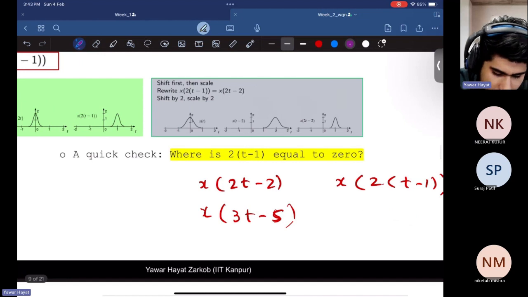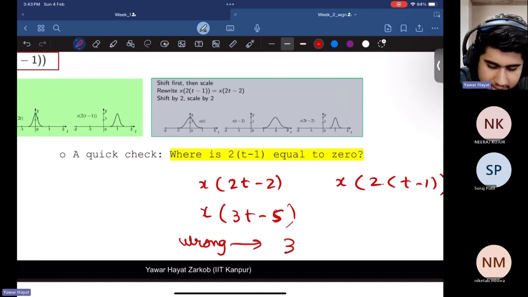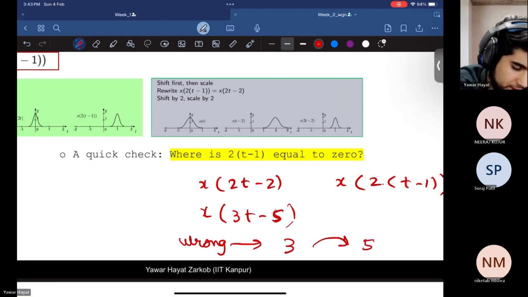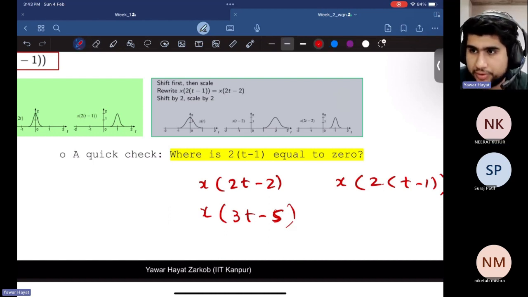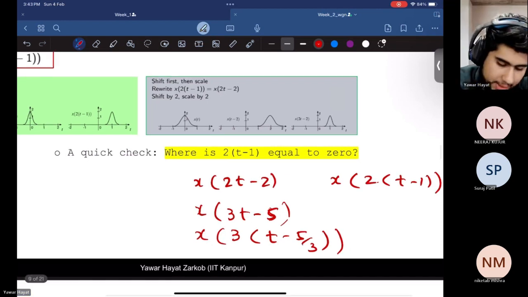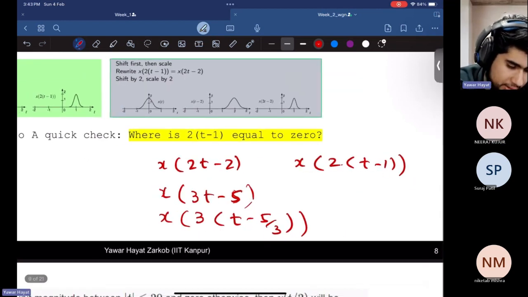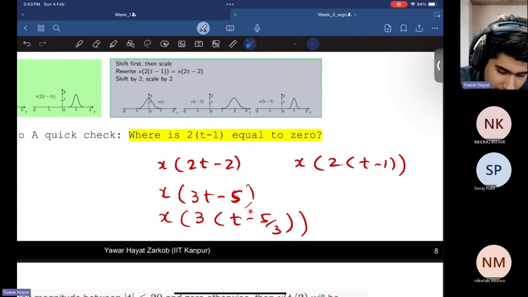The wrong way of doing it would be to scale this signal by 3 and then follow this by a shift by 5. The correct way would be to take out this 3 factor common first: x of 3(t minus 5/3). Then you scale this signal by 3 and then this would be the shift.